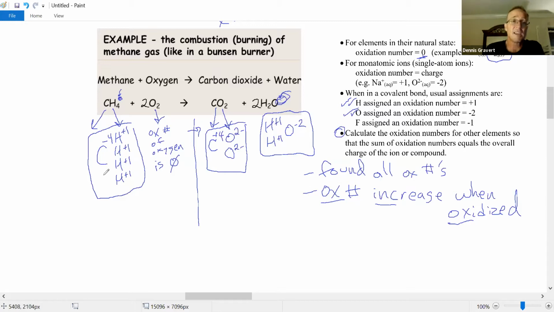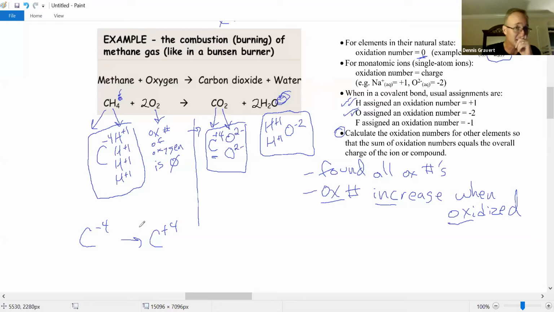Then just say, hey, carbon, you started with an oxidation number of -4, and afterwards you're now +4. How did you get to be so positive? Well, in life, if you kick out something negative, that makes you more positive. So carbon, you act as though you lost 4 electrons, and then 4 more.